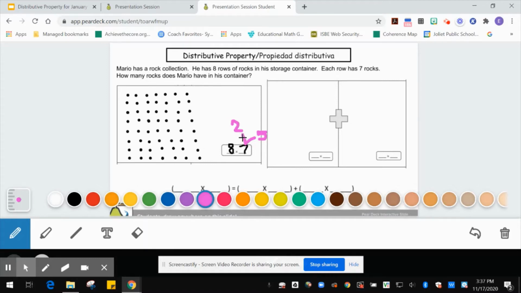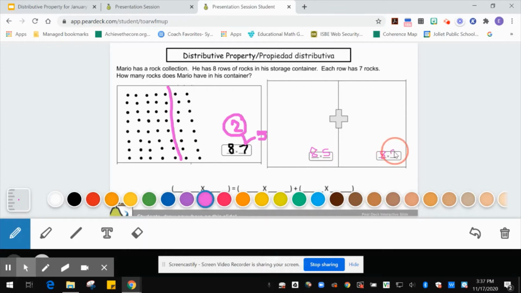Now, when I'm decomposing this, I'm going to decompose my array so that I have 2 columns here, and I have 5 columns here. So now I have 8 rows of 5, and I have 8 rows of 2.